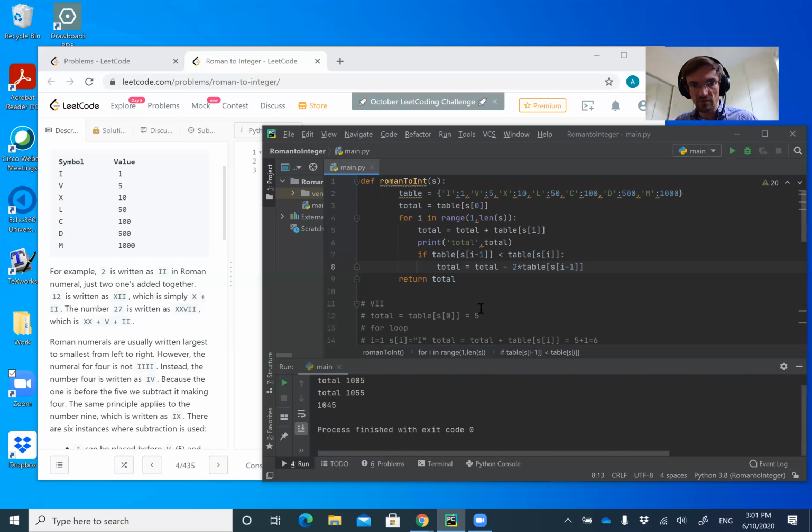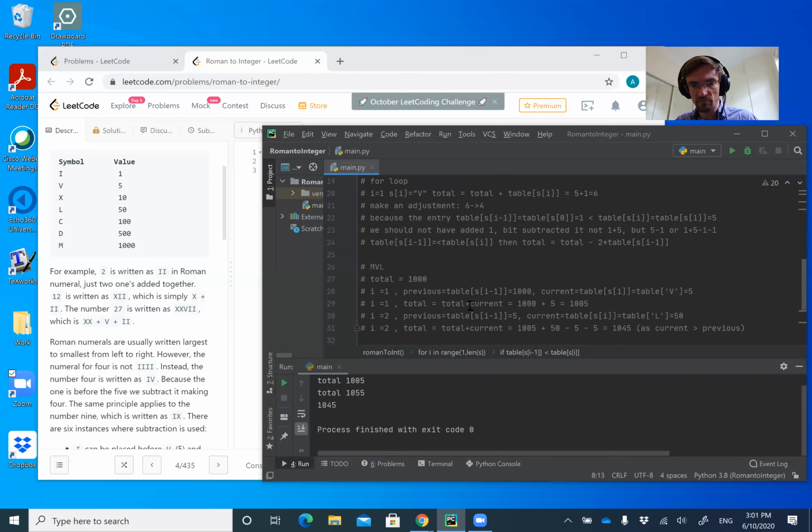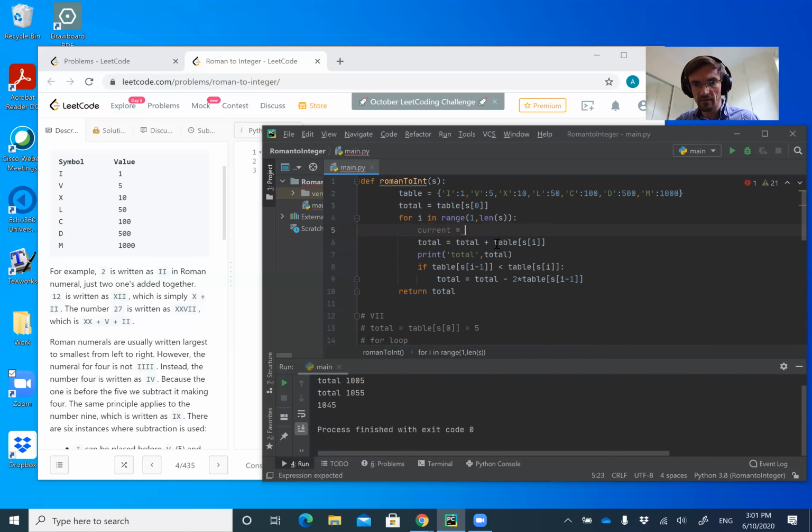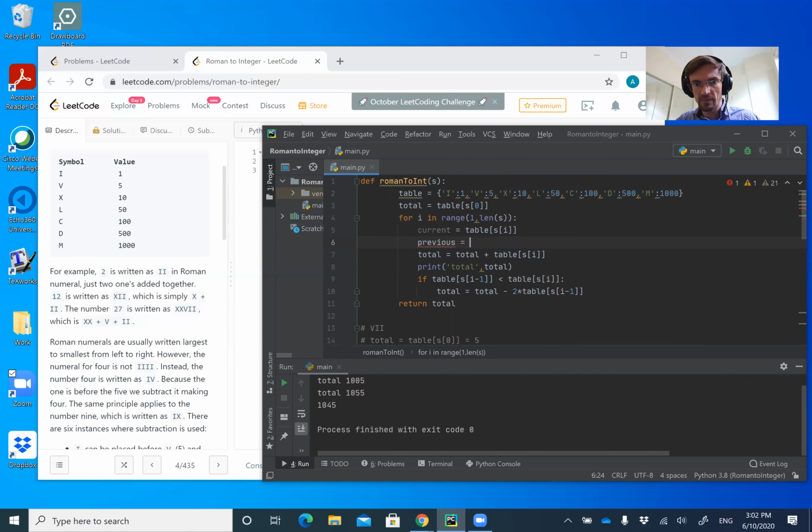Okay, but I wanted to make a current and a previous because it just makes it a little more readable. So current is table of S I and previous is table of S I minus 1.